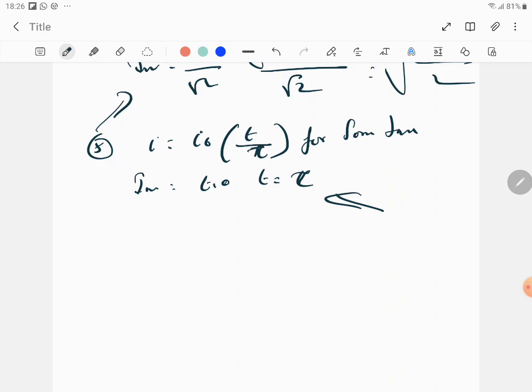They're asking for the IRMS value. IRMS value is the root of the mean of the squares of the current.